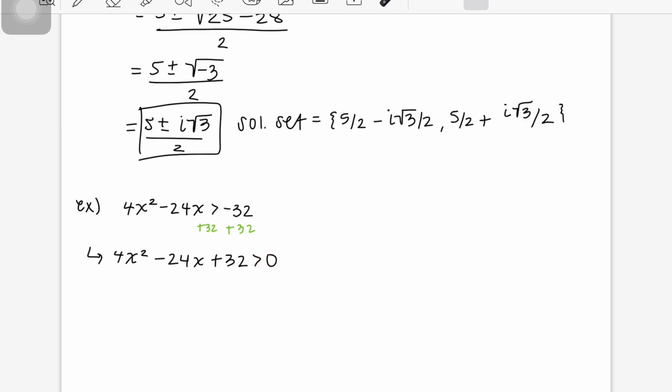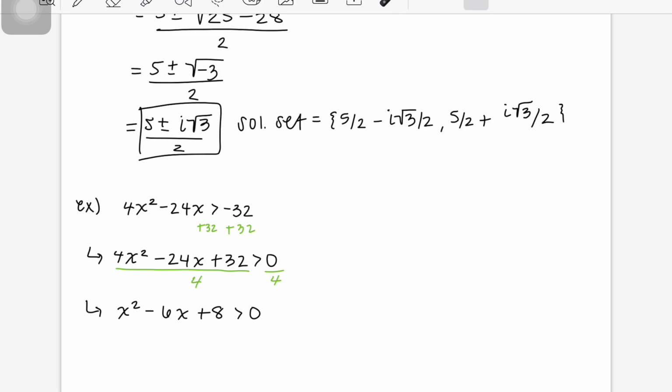Now we will be able to easily factor this, but the first thing that I'm going to do is take out a 4 from each of these terms, because 4 divides each of these terms. So we'll divide by 4 on both sides, just to make this a little easier for us. So we get x squared minus 6x plus 8 is greater than 0.